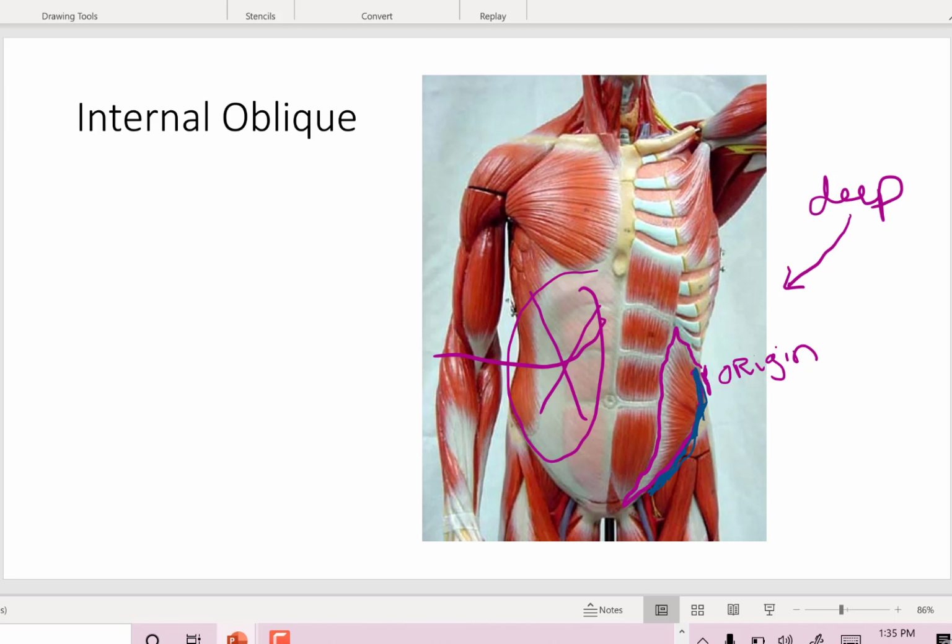The insertion portion would be the lower 4 ribs over here, the pubic crest down here, and ultimately to the linea alba. It doesn't look like it reaches the linea alba because a lot of that fascia that would be part of the muscle, protecting it, overlaying it, has been removed in order to see it deeper underneath the fascia.